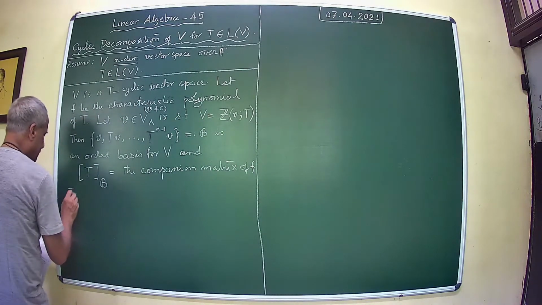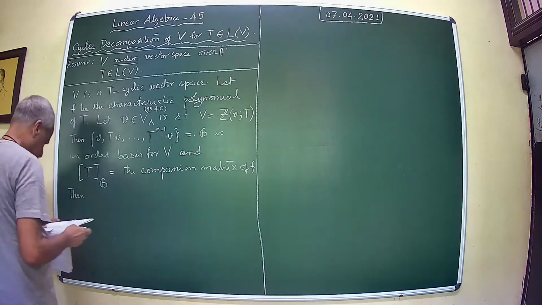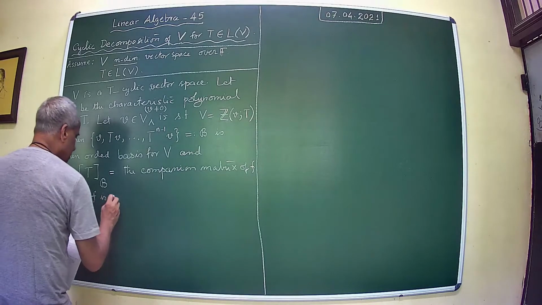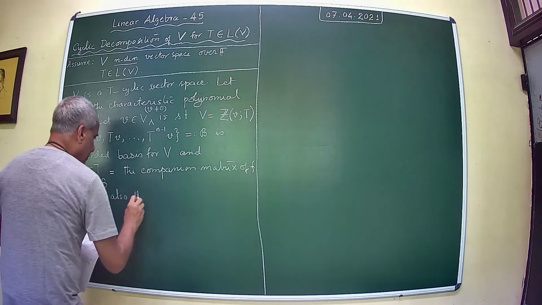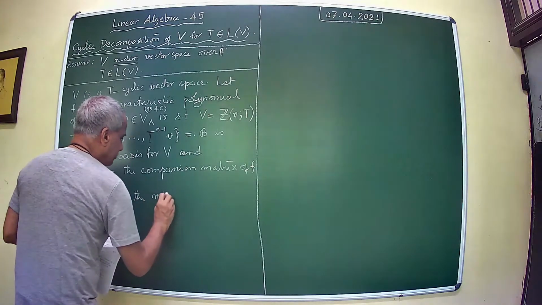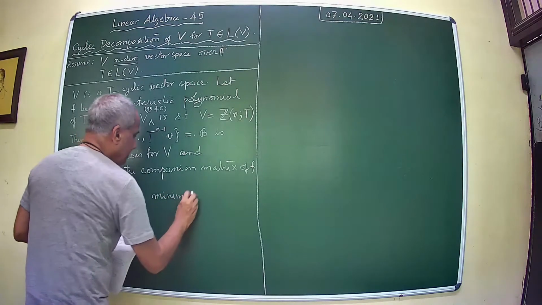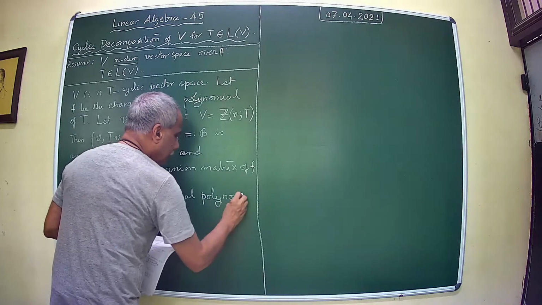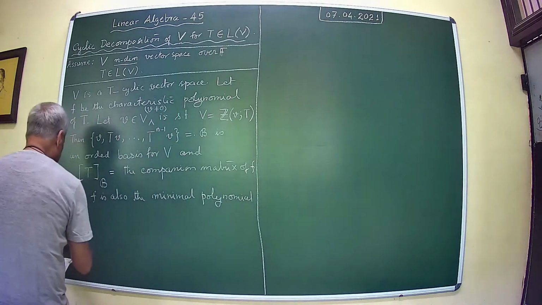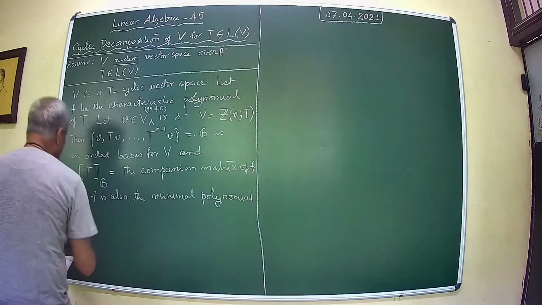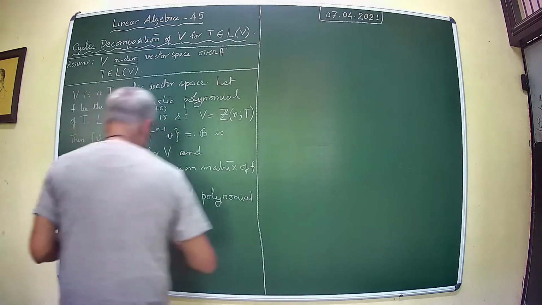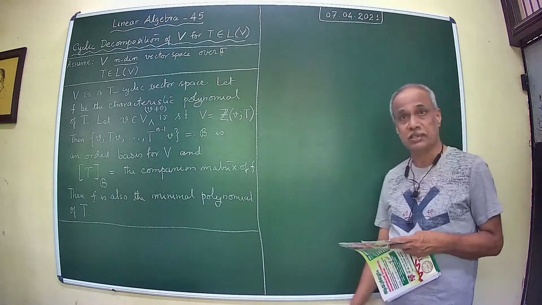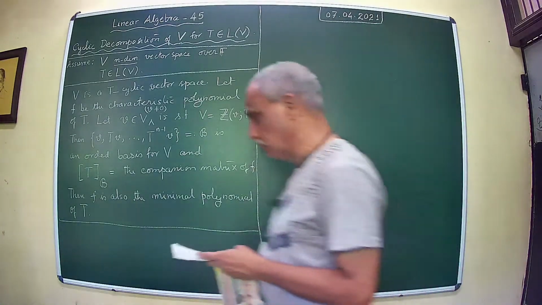Then f is also the minimal polynomial of T. This much information we have already explained. In fact, the characteristic polynomial becomes the minimal polynomial.